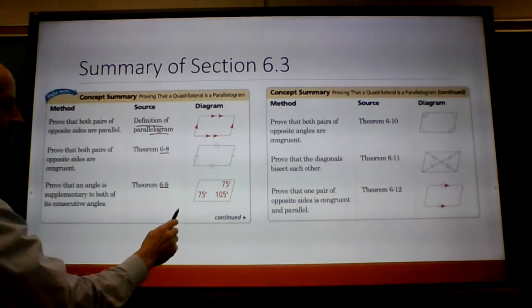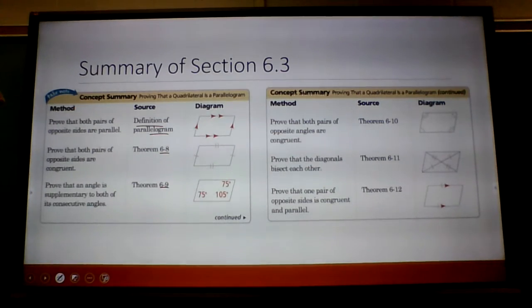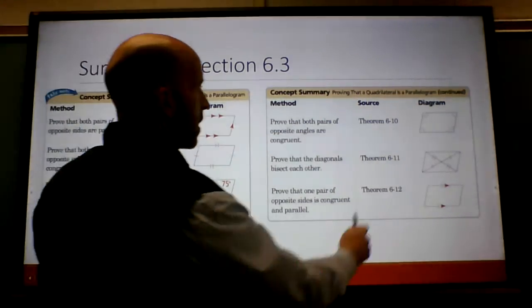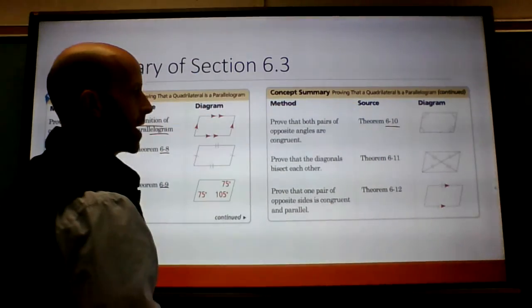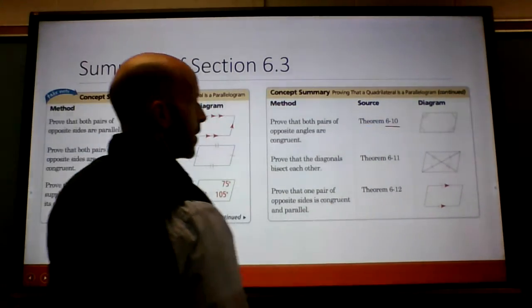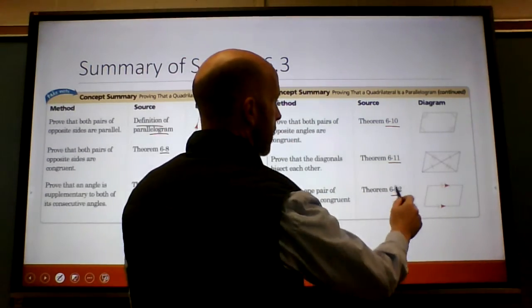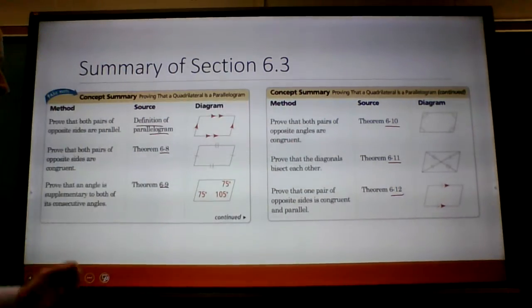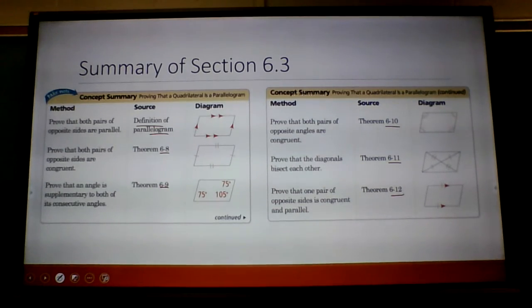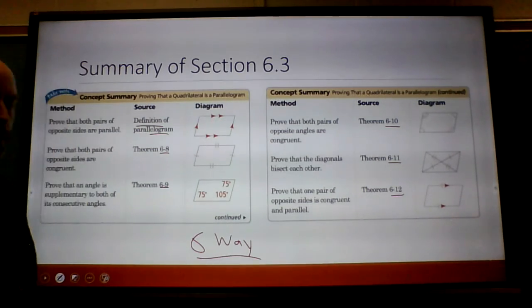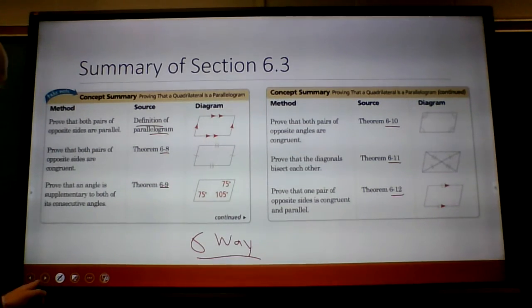Theorem 6.9, which says that one angle is supplementary to consecutive angles. Theorem 6.10, which says that opposite angles are congruent. Theorem 6.11, which says that the diagonals bisect each other. And Theorem 6.12, which says that one pair of sides is both parallel and congruent. So there are 6 ways for you to prove a quadrilateral is a parallelogram.